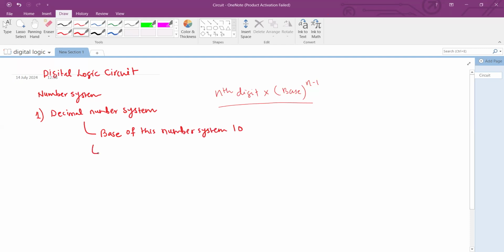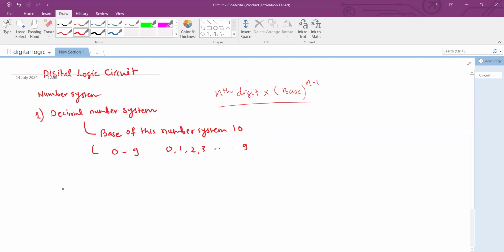So it means there are 10 numbers in this system, from 0 to 9. So we'll have 0, 1, 2, 3, up to 9. So total 10 numbers are there. That's why we say the base of this number system is 10.